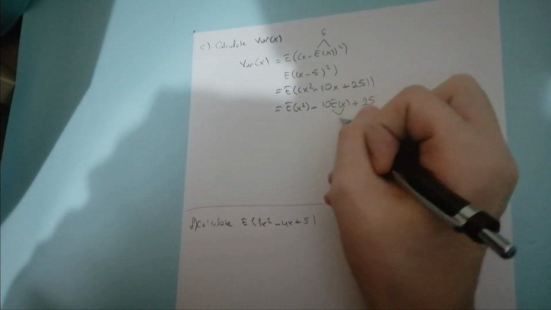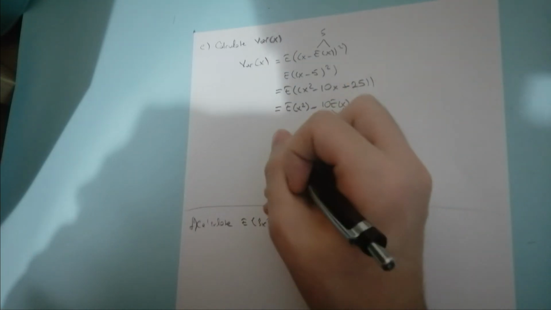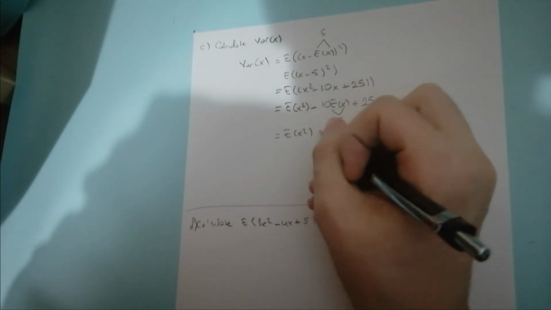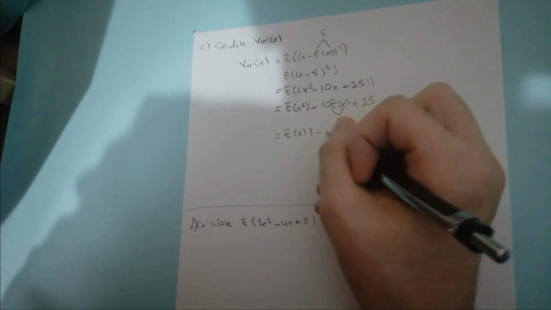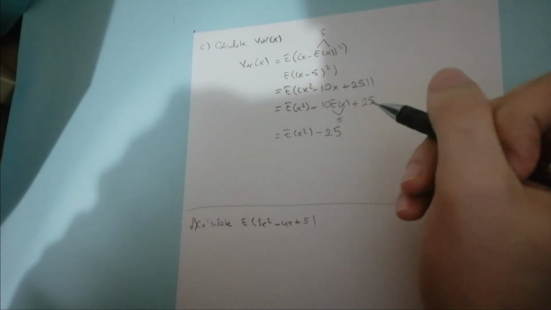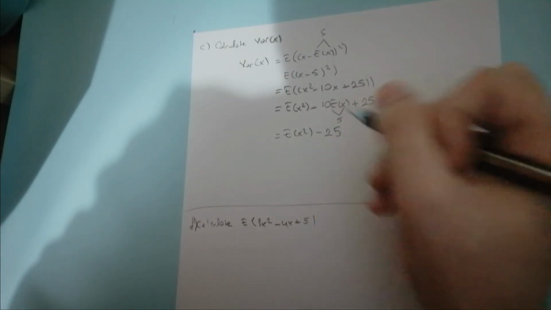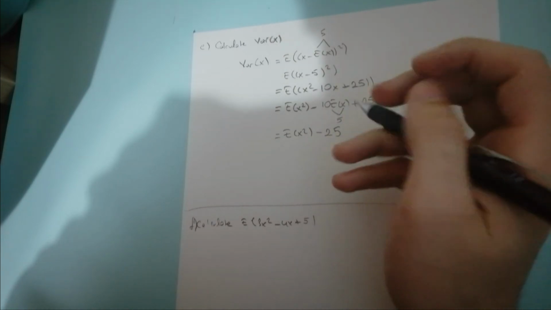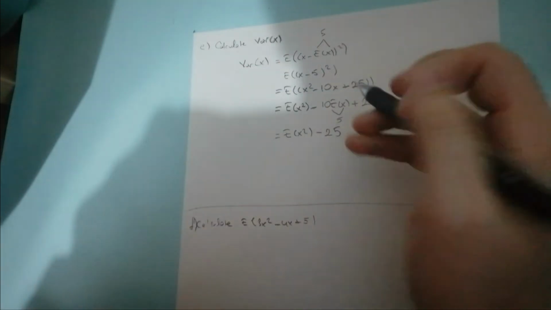Here we know this, it is 5, and E of x squared minus 25. Now we have to calculate this in order to keep going with our question.